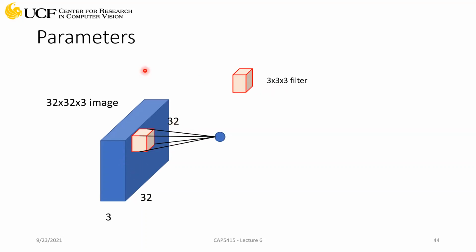The input image will not count towards parameters because this is your data. A parameter is something which you are going to learn in your network, and those are your filters. So in this case, these 3 cross 3 cross 3, these 27 values, will be parameters for this particular filter.